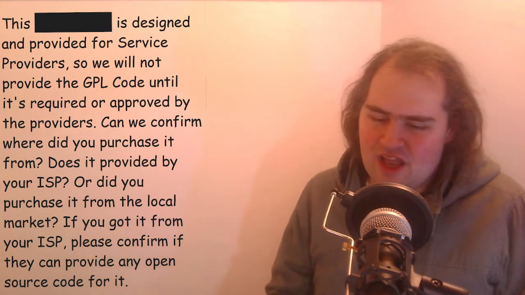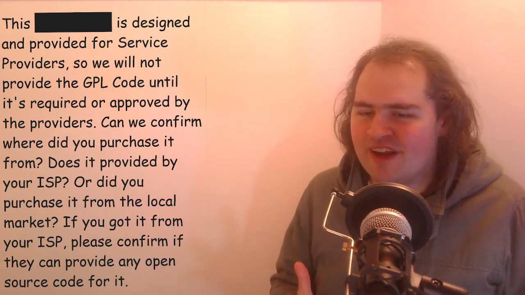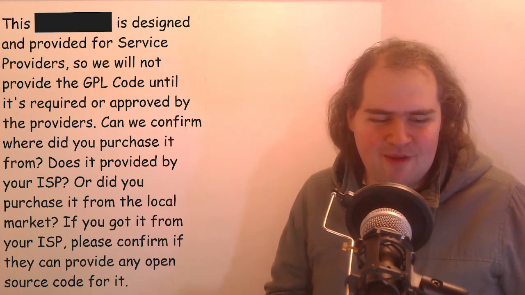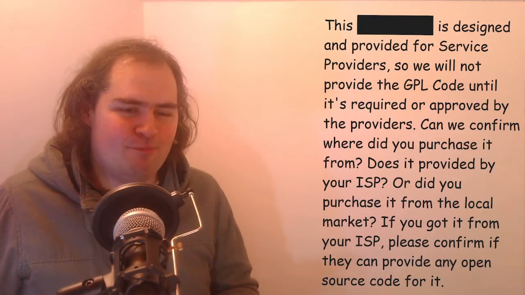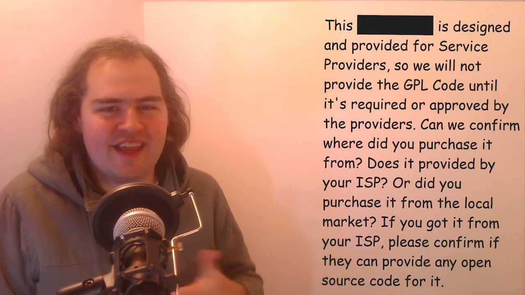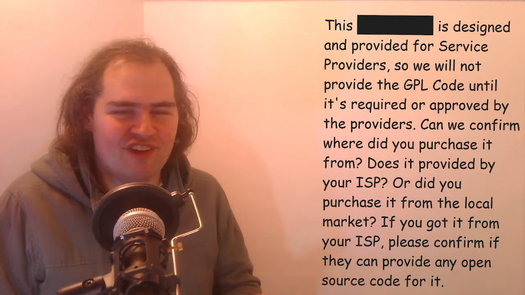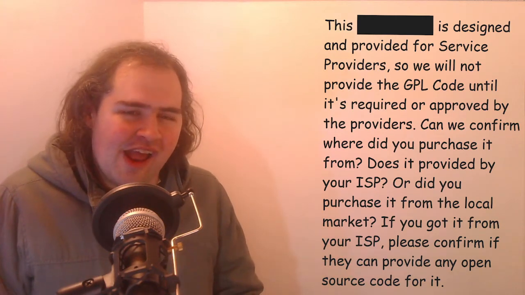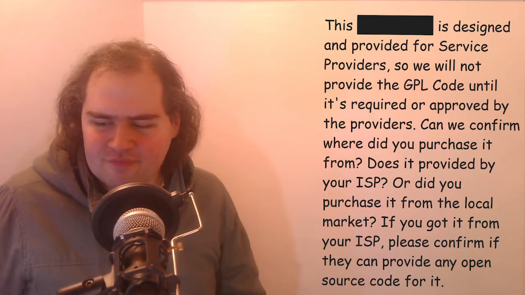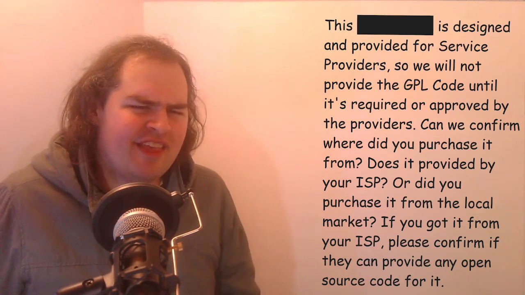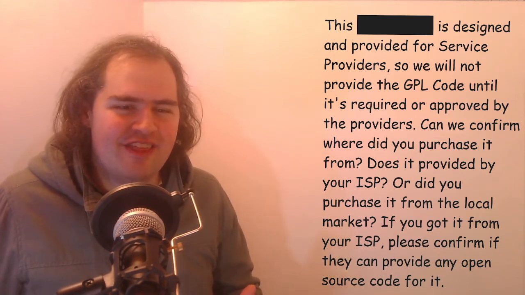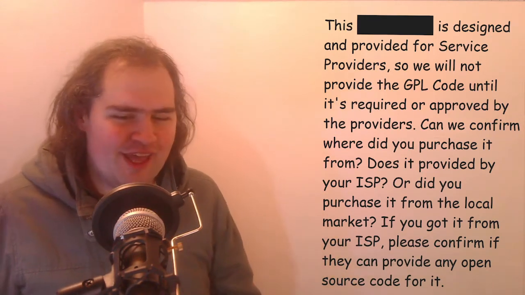So yeah, I did get my router through my internet provider, but you wouldn't think that would change the fact that they built and sold a router using code that didn't belong to them under the condition that they get to share that code with the end user. Yeah, I thought this was a bit of a cop-out. They're almost saying like, my internet provider wanted my router to be locked down, so therefore they're just not going to comply. It seems a bit weird.